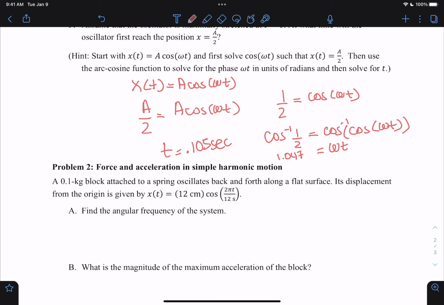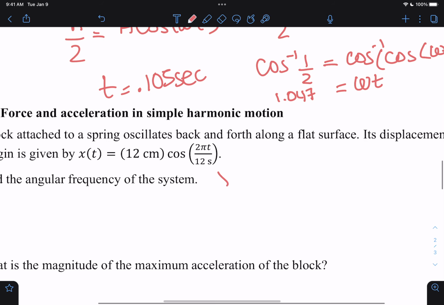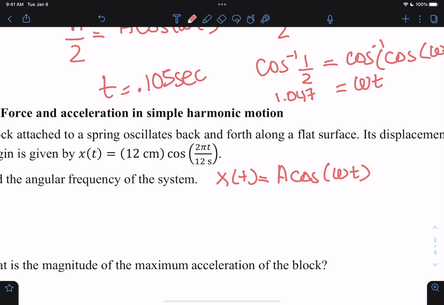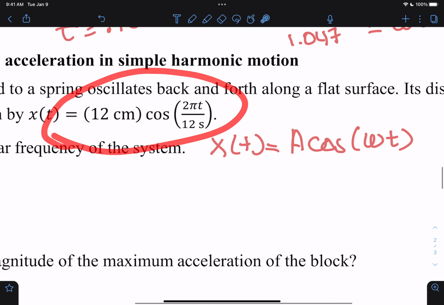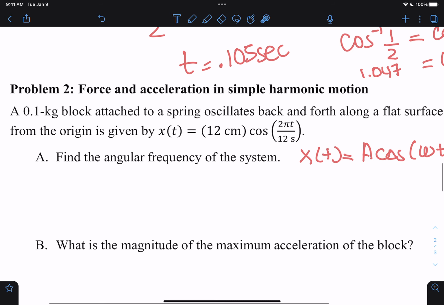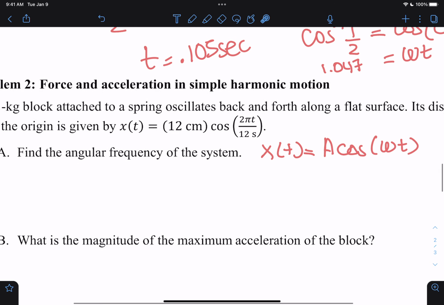So for part A, what's the angular frequency? If I know that the original function, the way it's set up, is A times cosine of omega t, and I look at this equation up here, what would my angular frequency, my omega, be?